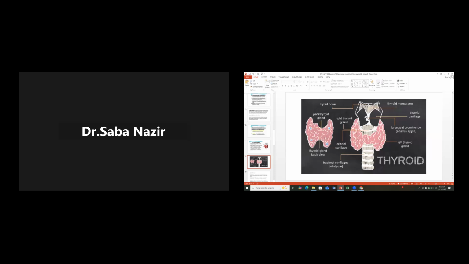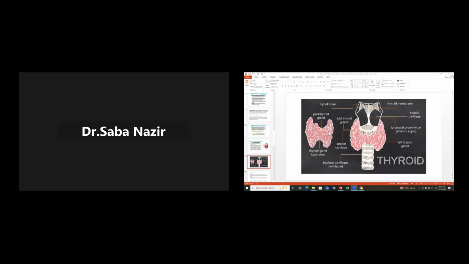Okay, this is another view of the thyroid gland. This is the front view and this is the back view. If you look closely, you can observe there are some nodule-like structures.